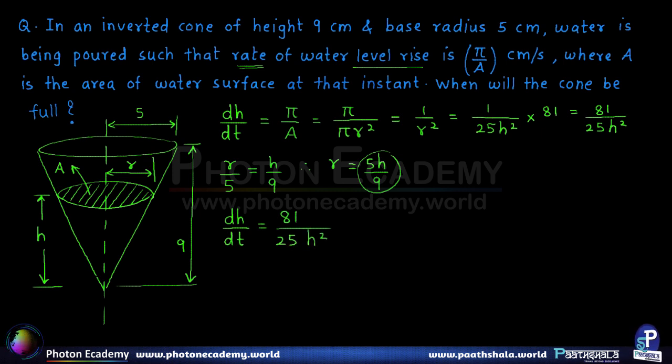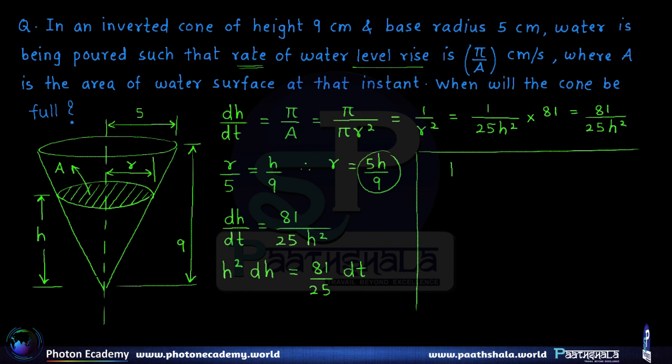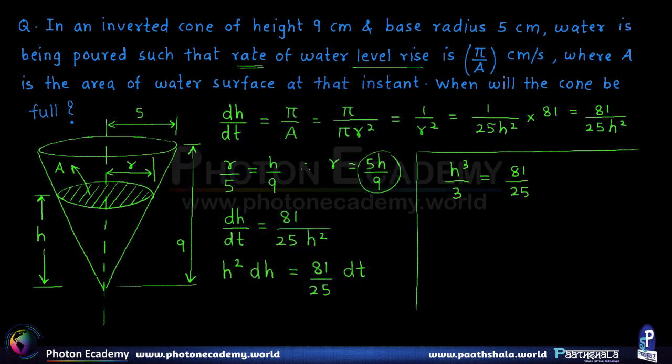25h square. So collecting all the h terms on one side, we have h square dh is equal to 81 by 25 dt, and hence on integrating we will get h cube upon 3 is equal to 81 upon 25 times t plus c, isn't it? Now to get the value of this arbitrary constant c, we use the boundary conditions.